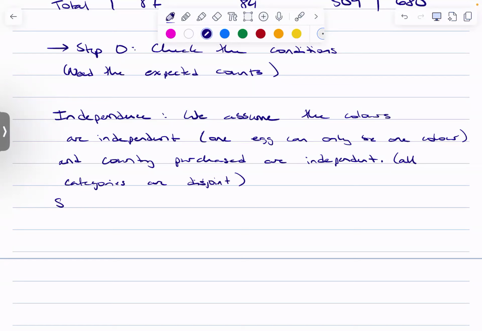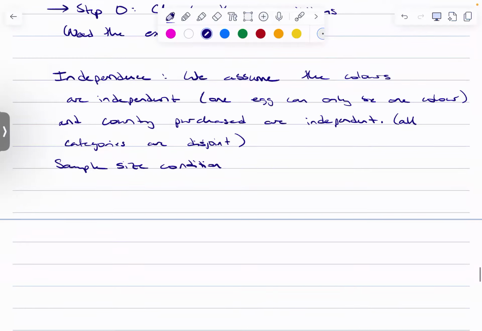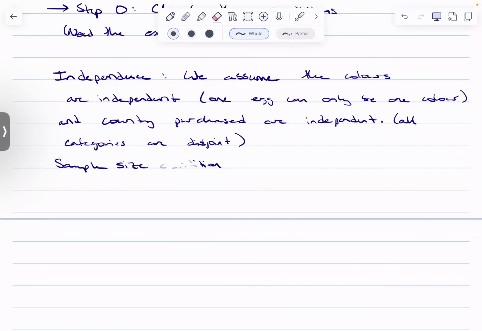And then the sample size condition, or I guess I don't call it a condition. It is a sample size condition. But we need at least 5 expected counts in each cell.